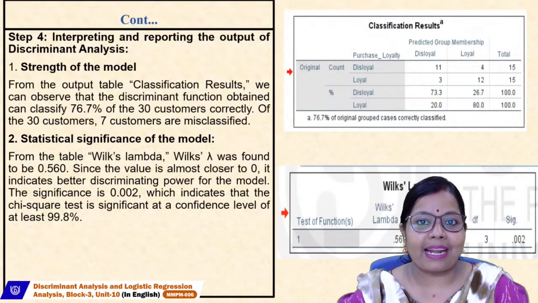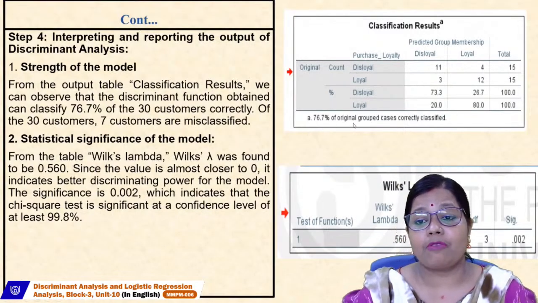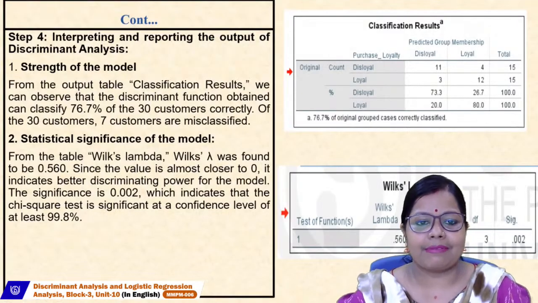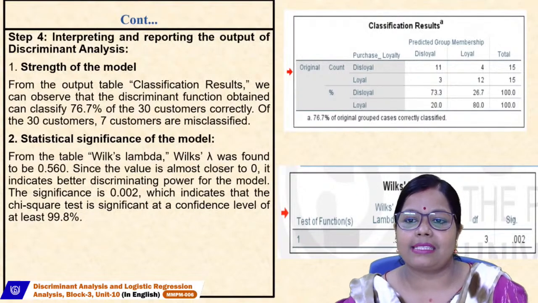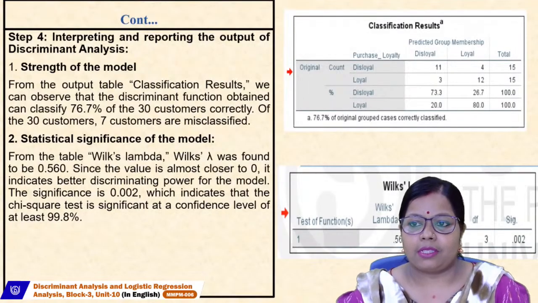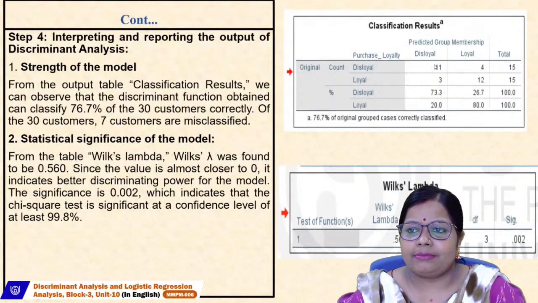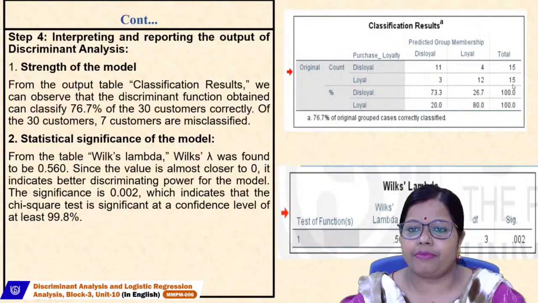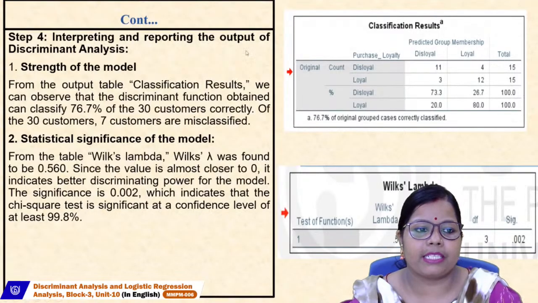The most important part in discriminant analysis is that 76.7% of original grouped cases are correctly classified. But another 7 customers are misclassified, which means they may be overlapped. So this is about the strength of the model. We can see the number of disloyal and loyal customers, the total is 15 and 15. The percentage is 100.